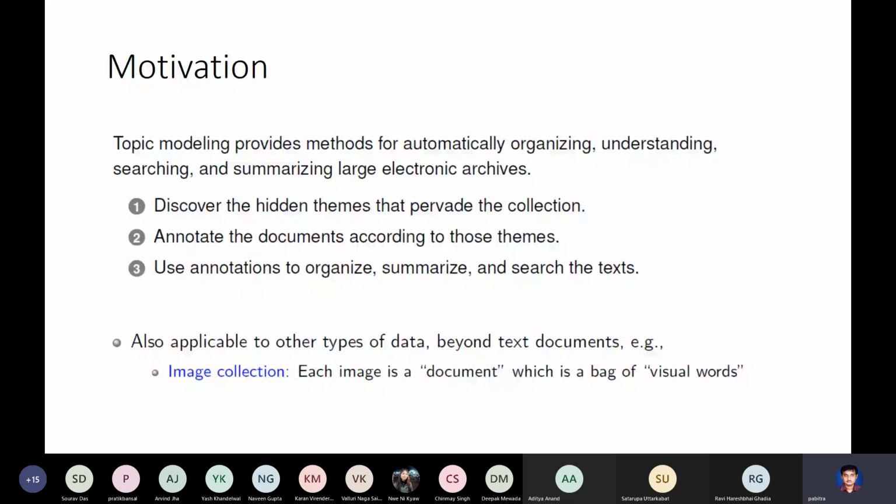Similarly, if we do so, we can consider an image as a bag of visual words. You can extend it to other things. For example, you can extend it to, say, the Facebook network. The graph is the document, and maybe individual subgraphs are the tokens inside the document. Some particular type of subgraph is a token.